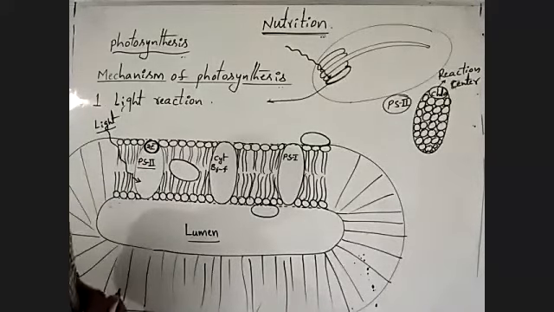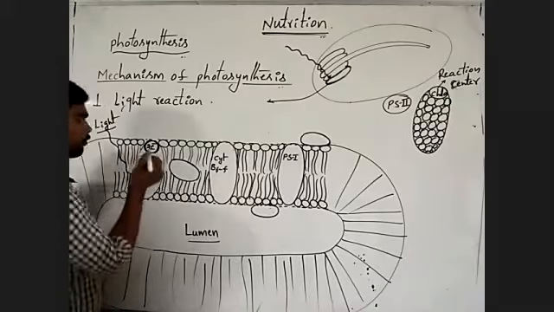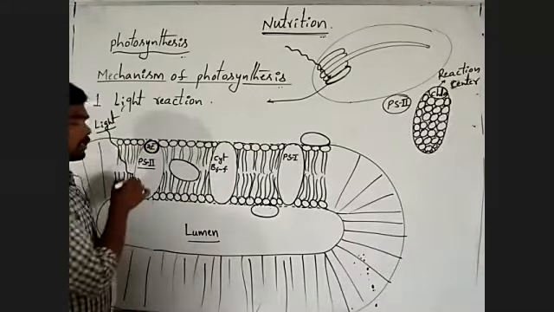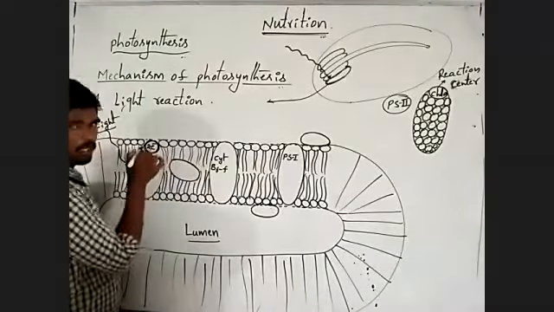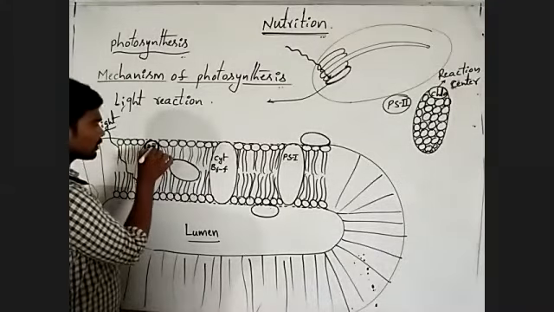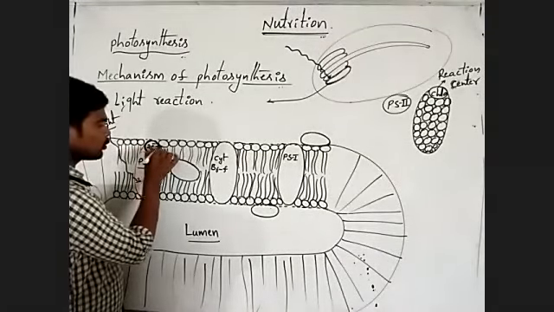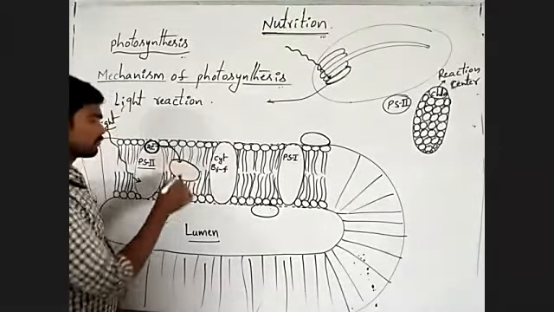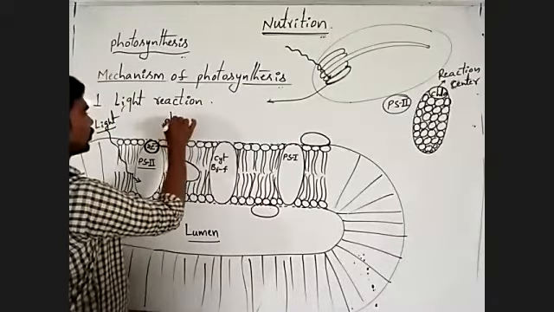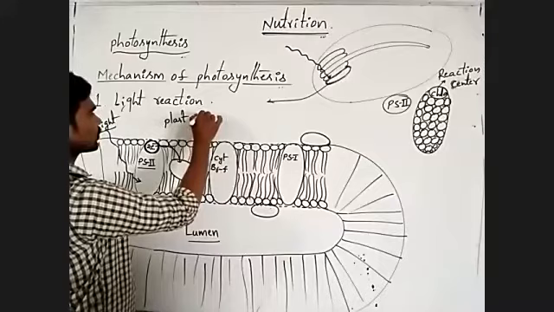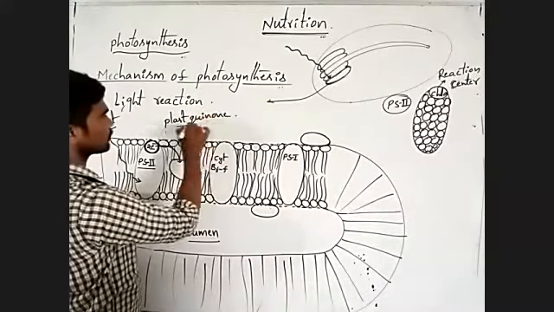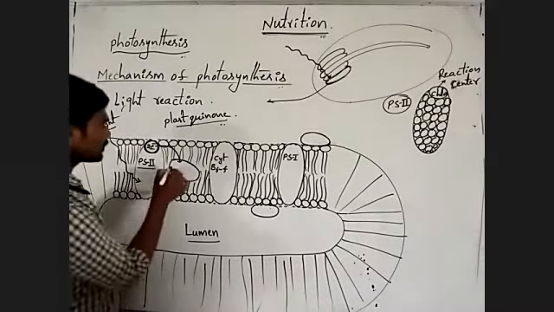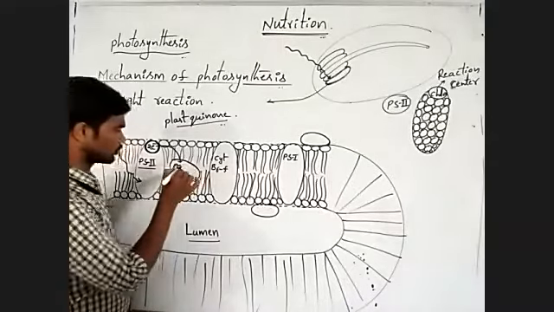Next, from the outer orbitals of the chlorophyll A molecule, two electrons are received by one membrane protein, that is plastoquinone.